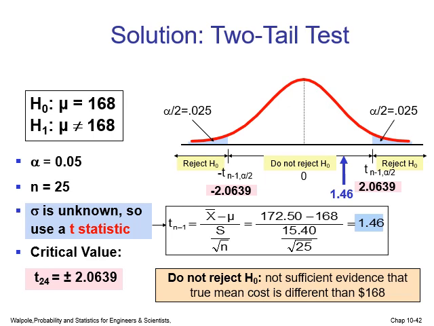Since the variance is unknown, we need to use the t-statistic. The t-statistic is used when we don't know the variance.